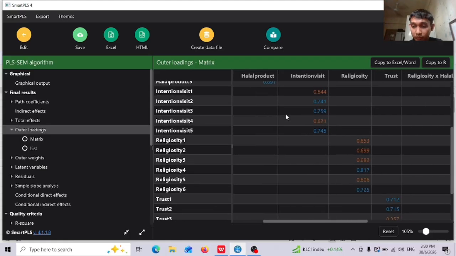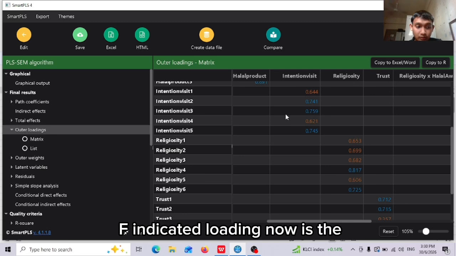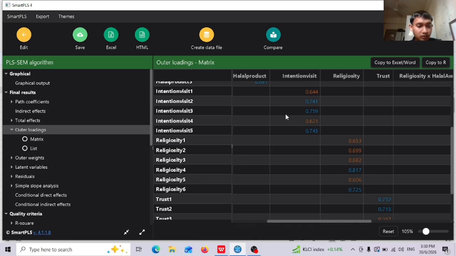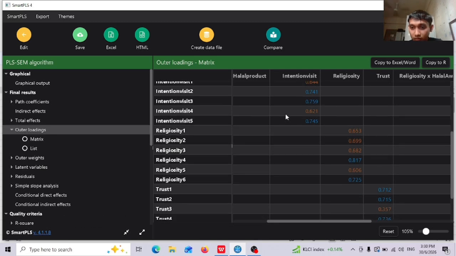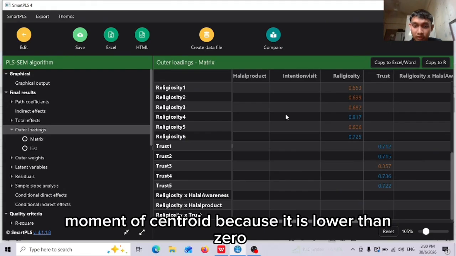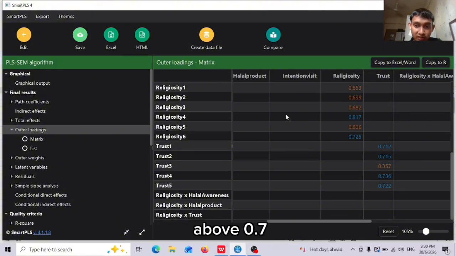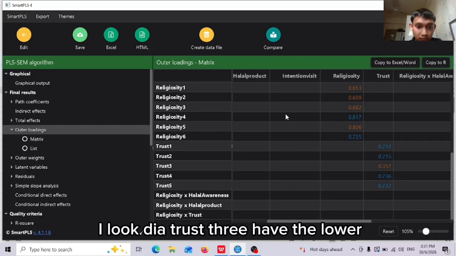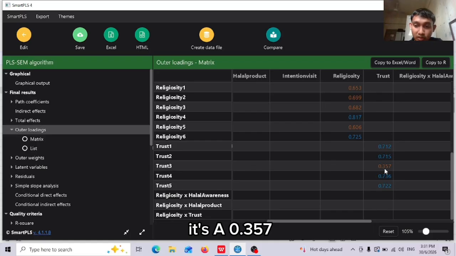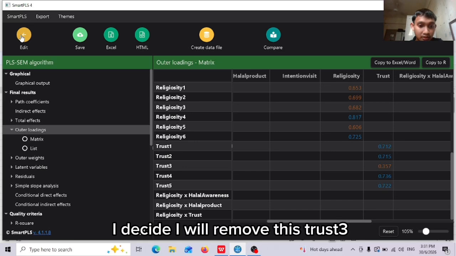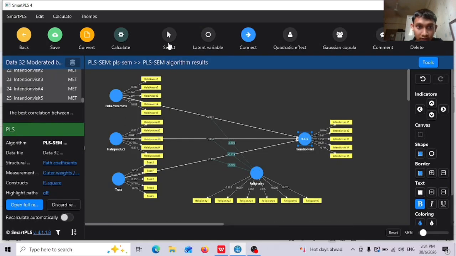Loadings below 0.5 or 0.6 are weak, but above 0.7 is good. I see that trust 3 has the lowest, 0.357, so I decide to remove this indicator.